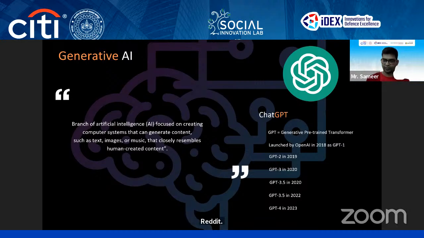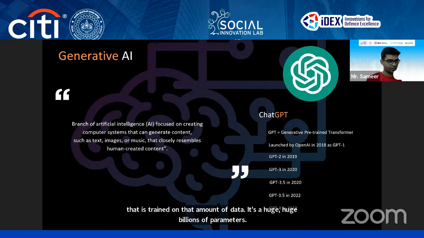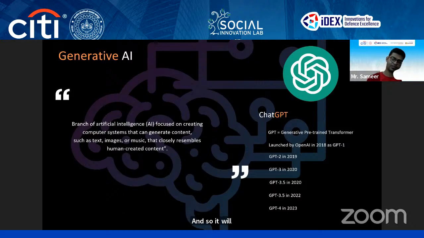So it is trained on that amount of data. It's billions of parameters worth of data, right? And so it will have answers to almost everything. The accuracy of those answers will be questionable sometimes, but it will give you some kind of answer.